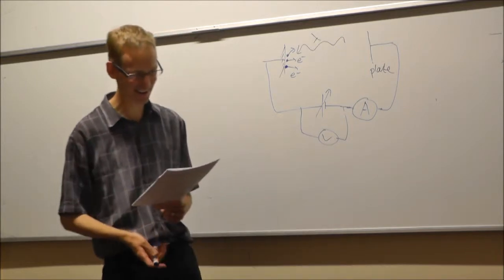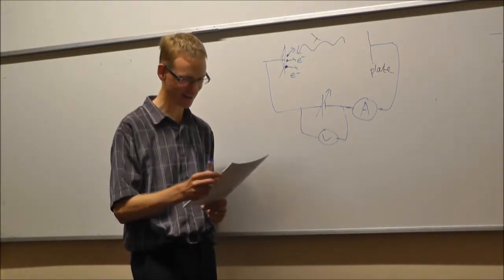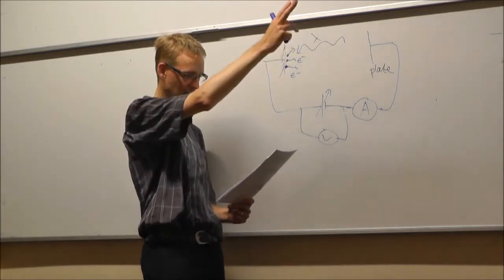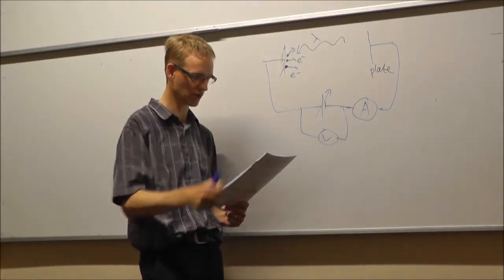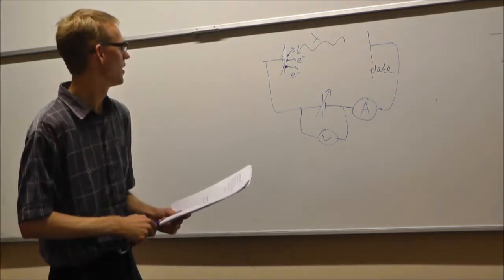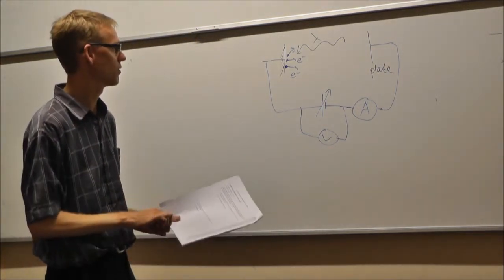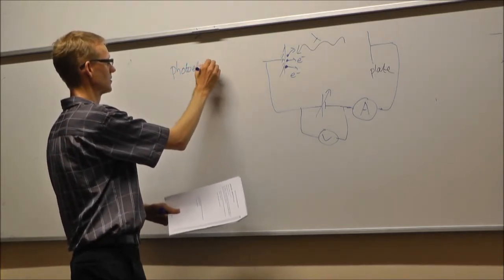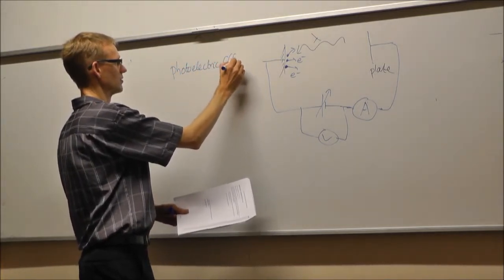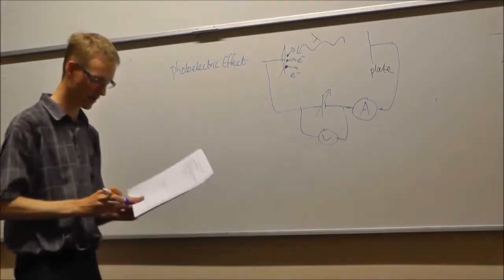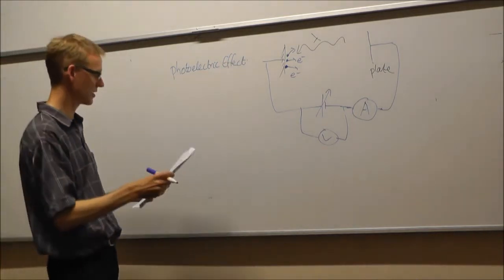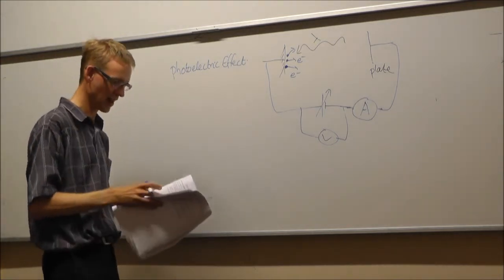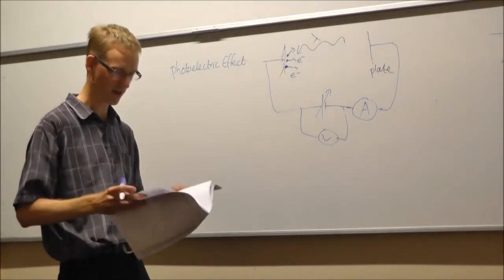Right. When the current is reduced to 0, derive an equation relating lambda, the voltage, and the work function of the metal. Right, so what do we know about photoelectric effect? We know that the energy of the electrons is equal to h times the frequency minus the work function.